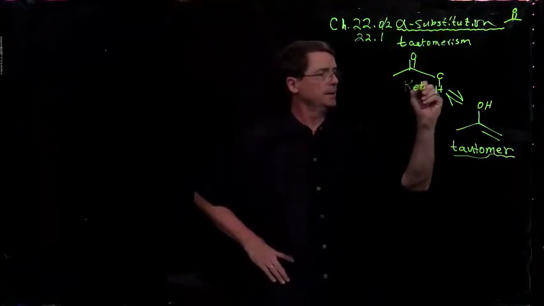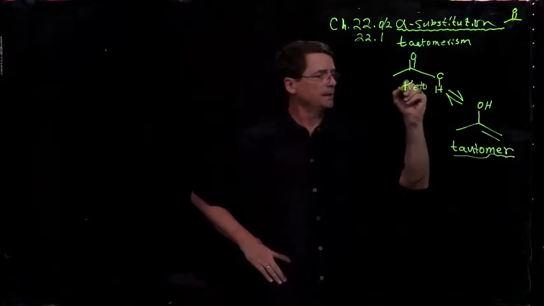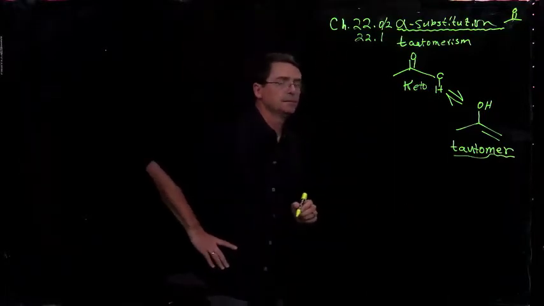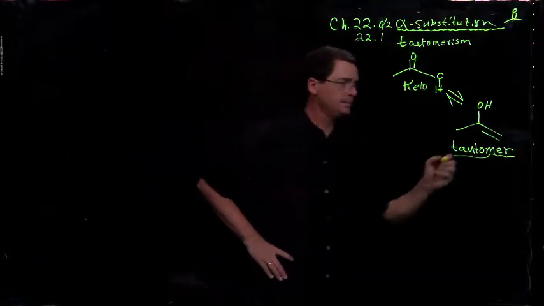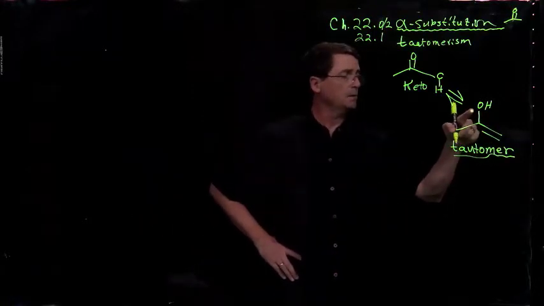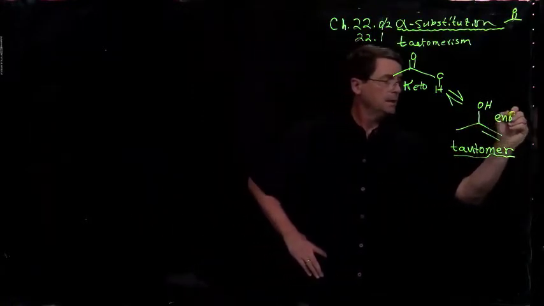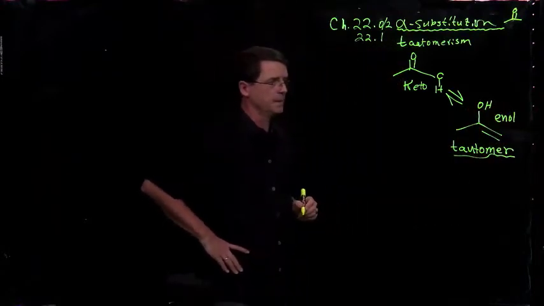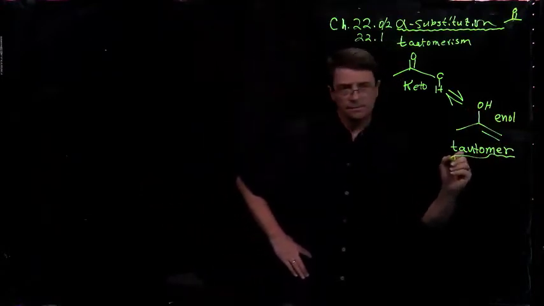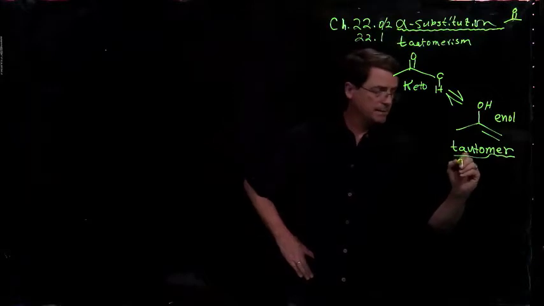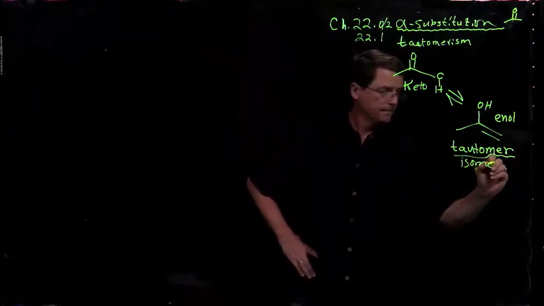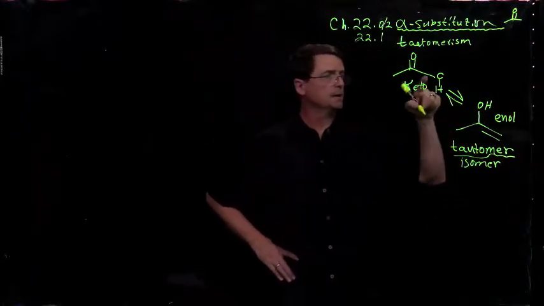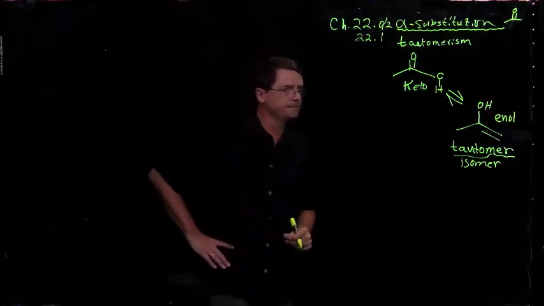So this is keto, not the diet, but short for ketone. This, with an alkene and an alcohol, is the enol form. And the tautomer is just a special kind of isomer. So we've moved a hydrogen to oxygen and put in the double bond.